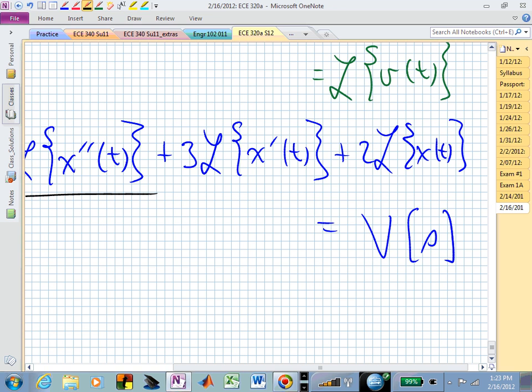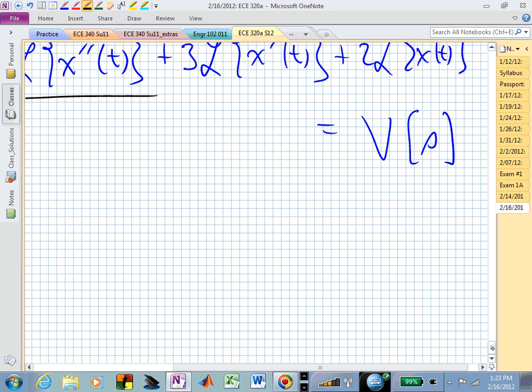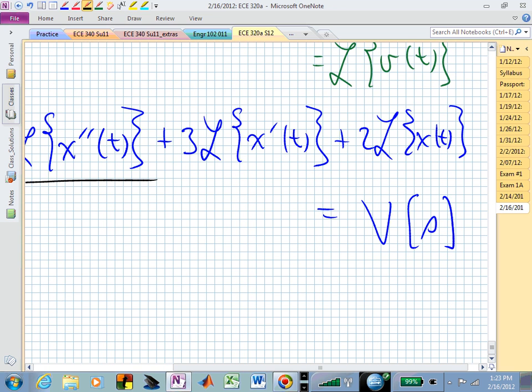If I now take the Laplace transform of a second derivative, that's s times the Laplace transform of x prime. I reduce the order of the derivative by 1, minus, what do I subtract? Is everybody comfortable with that?